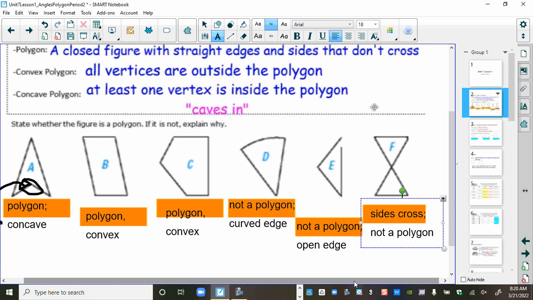All right. So, we're going to be dealing with polygons, so not just triangles. We're going to be dealing with polygons as well. All right, questions on this first slide here. All right, next slide.